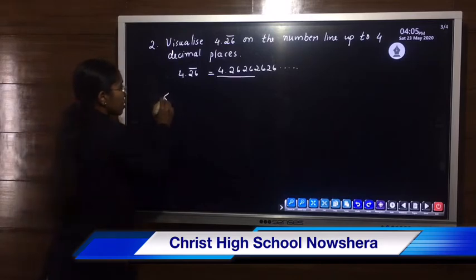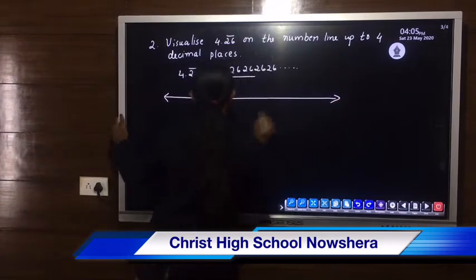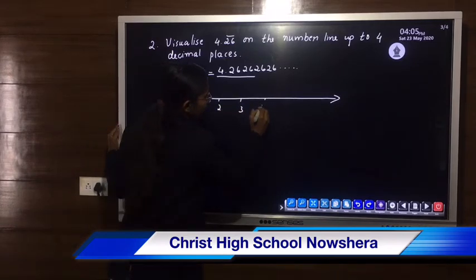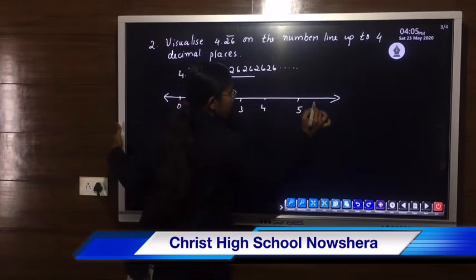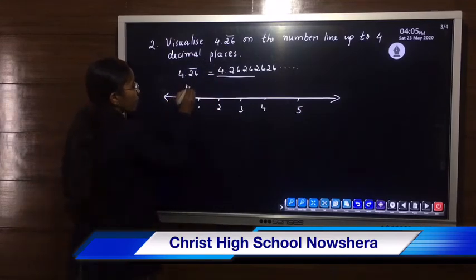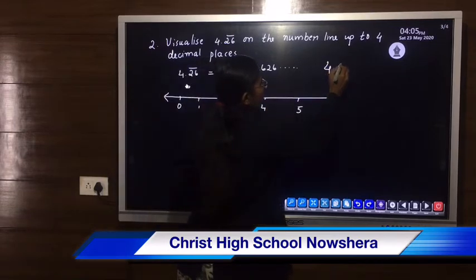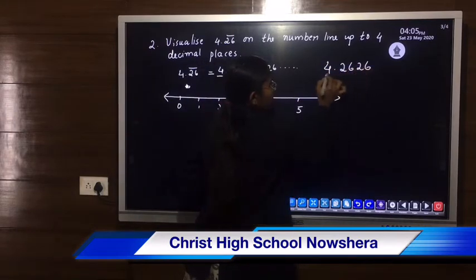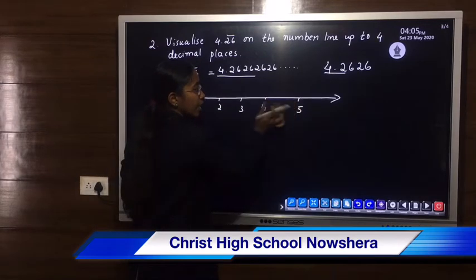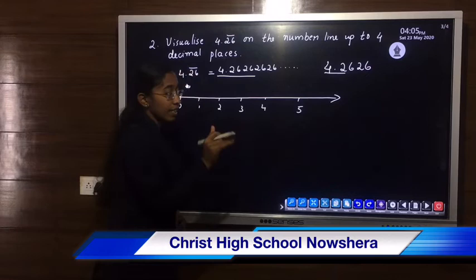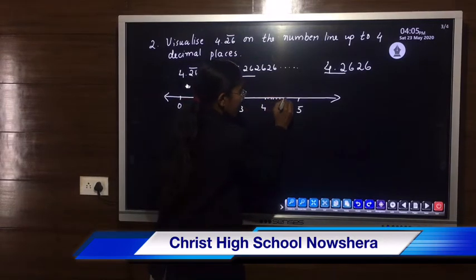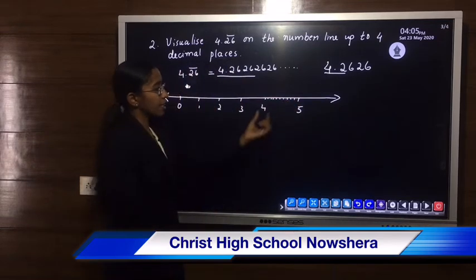So first you draw a number line: 0, 1, 2, 3, 4, 5, etc. And 4.2. 4.2626 is our question. 4.2 lies in between 4 and 5. Here in between 4 and 5 divide into 10 equal parts.